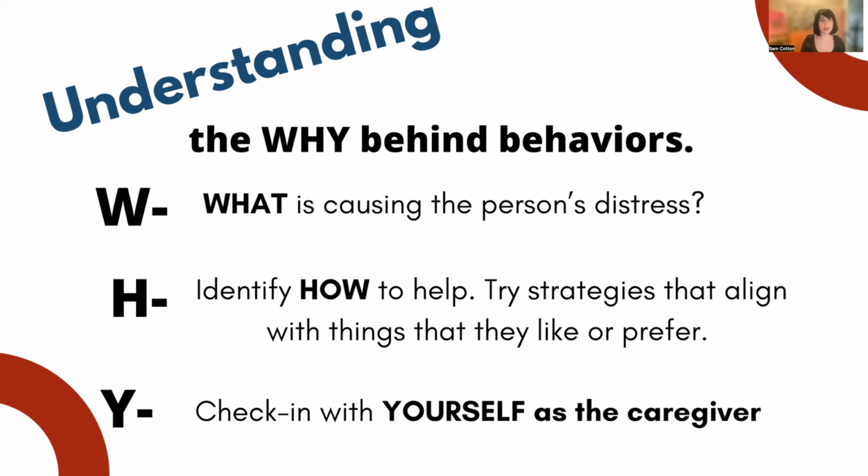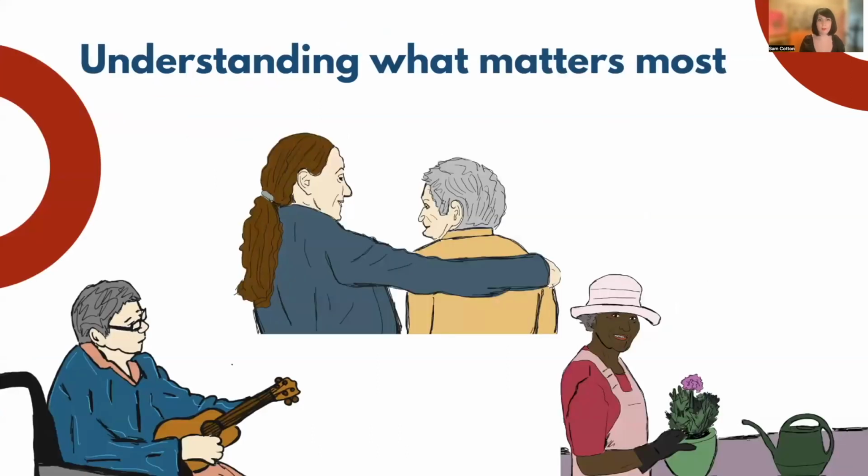And then last but not least, that emphasis on checking in with yourself as the caregiver, trying to better understand how your emotional status and how you are responding to the situation can be compassionate for the individual, or if you've got a lot of additional stress or you're feeling frustrated, how that can cause a ripple effect with the individual and cause further challenges in providing care. So really thinking about you as the caregiver and some of those unique things that might be going on with you.